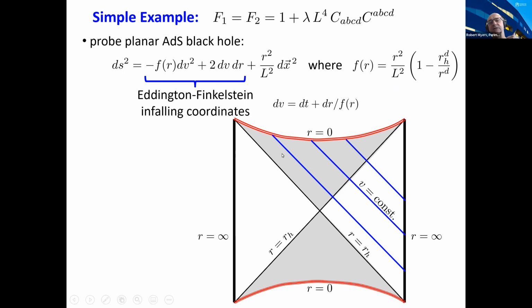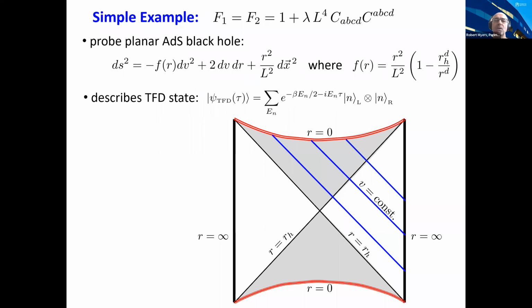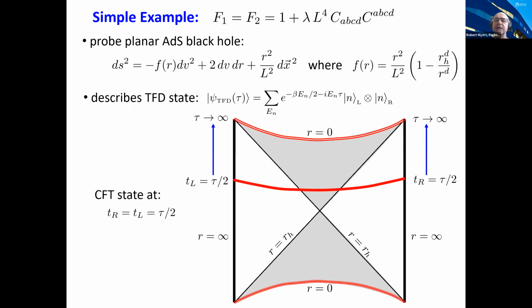So rather than using Schwarzschild time, I'm using these null time slices, V. I'm doing that because now my coordinates easily cover both the inside of the black hole and the outside, at least these two quadrants of my Penrose diagram. Remember, this describes the thermal field double state, and we're talking about time evolution. It's really the sum of the two boundary times that comes into play here.